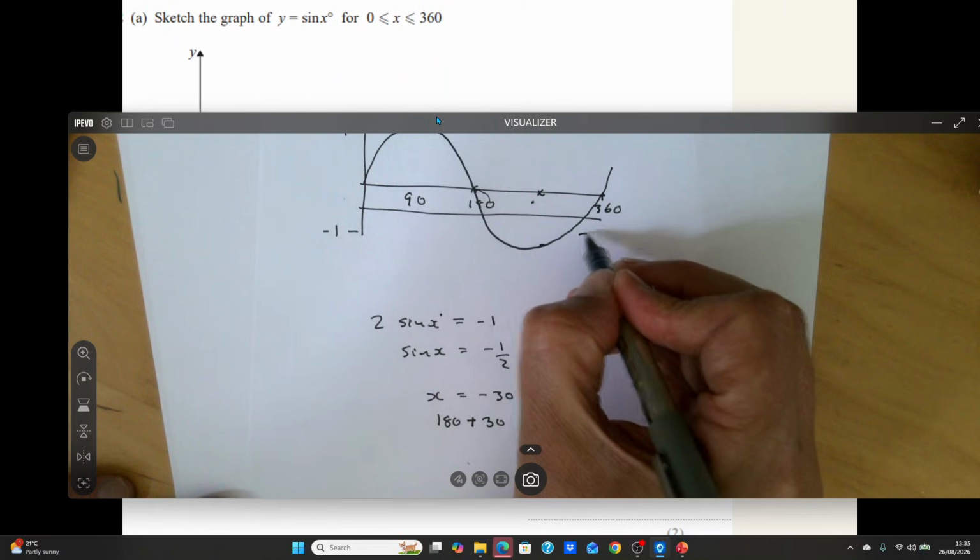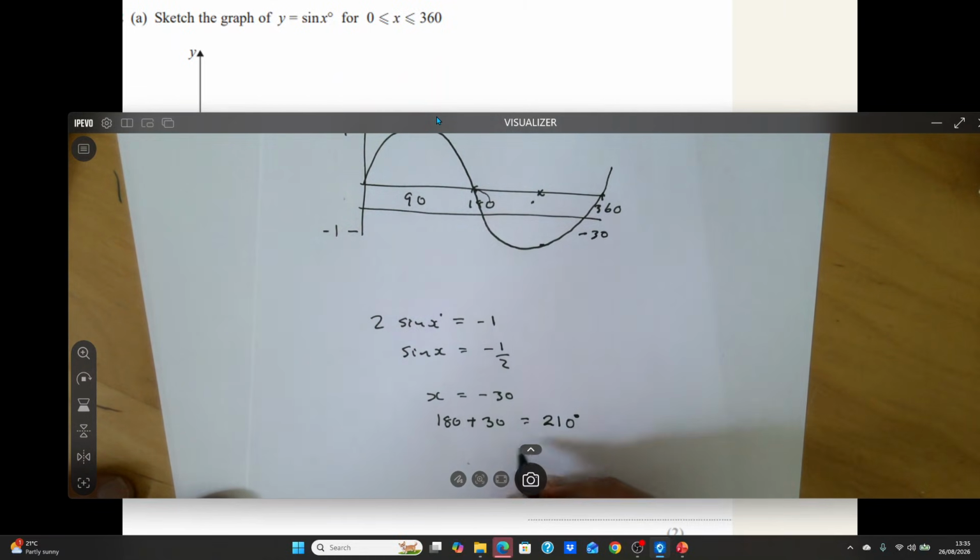And you've got this one, which is 360, take the 30. So you've got 360, take 30, which gives me 330. So there are 2 answers, 210, 330.